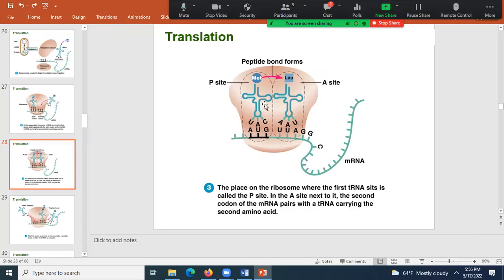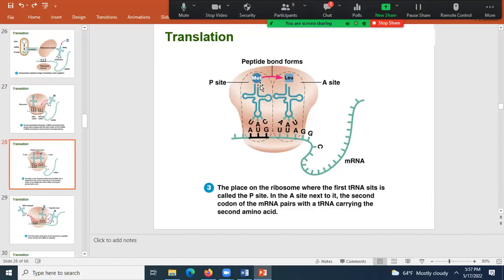Then the amino acid hooked to the first tRNA is unhooked, and that amino acid is then bound to the second amino acid. And this process happens by an enzyme that is actually RNA.